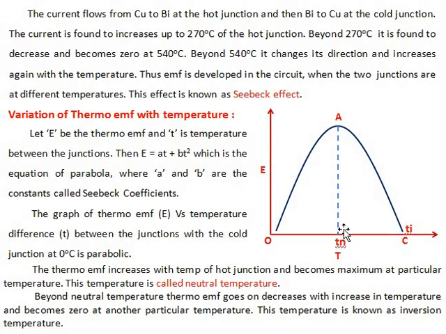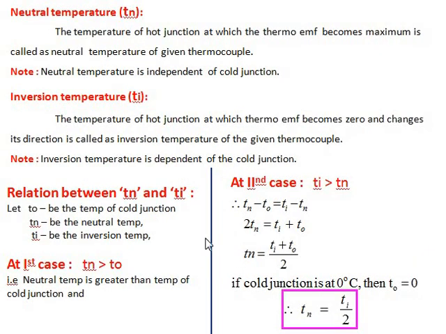Clear? So these parts are equal in magnitude. Rearranging, there are two Tn's: 2Tn is equal to Ti plus T0. Tn is equal to (Ti plus T0) divided by 2.